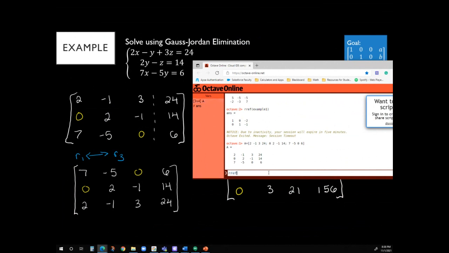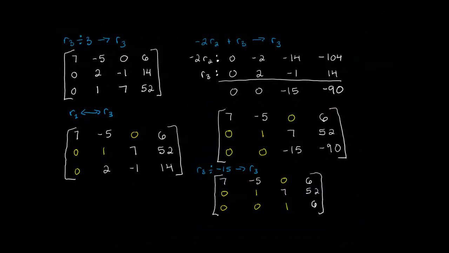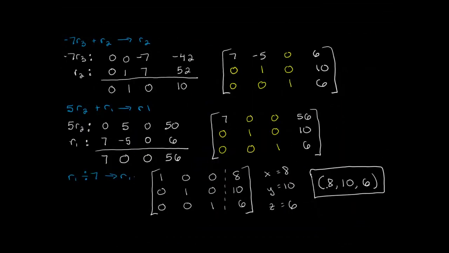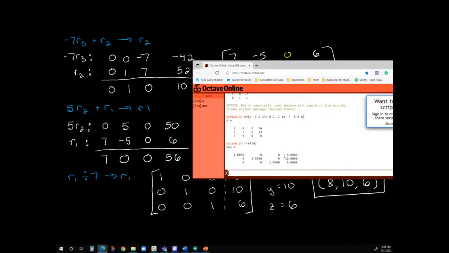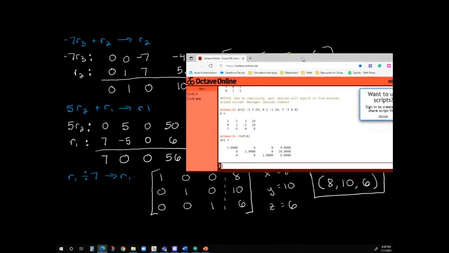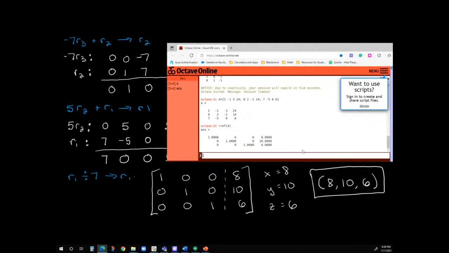And then we're going to do reduced row echelon form of A. And you can see we have 8, 10, 6. We go back. We had the same answers, 8, 10, and 6. So we've just double checked our results and made sure that we didn't make any mistakes.